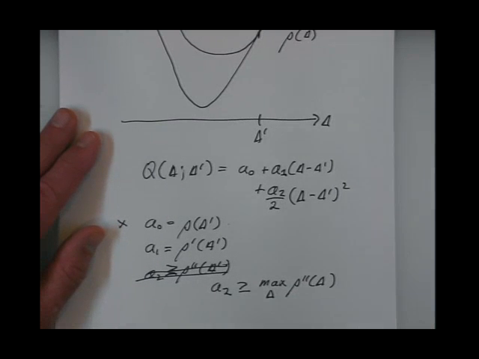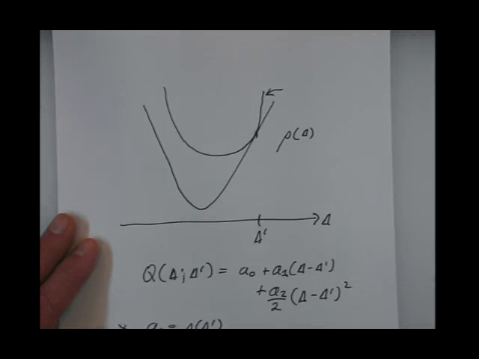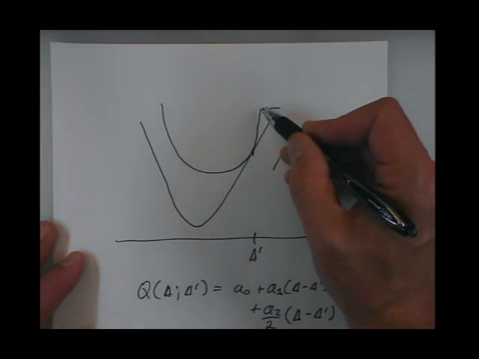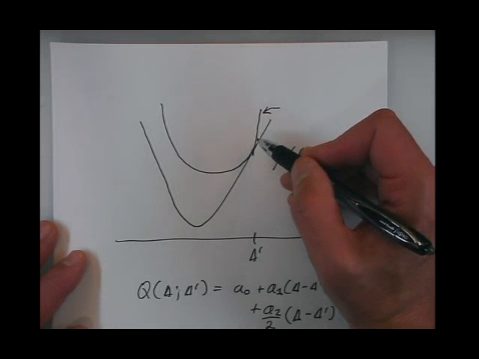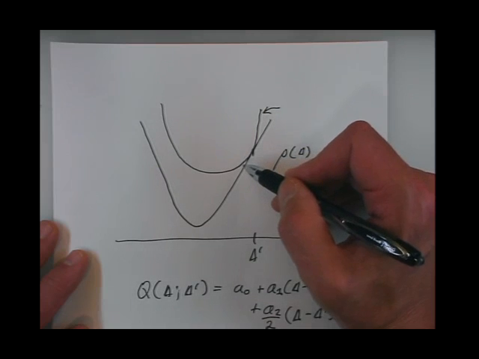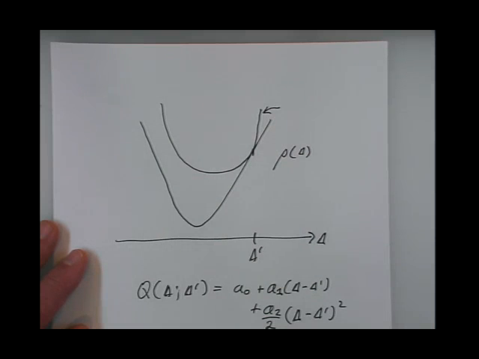In other words, if A2 is larger than the second derivative of the function at any point along the curve, then you can prove that this has to be an upper bound. It's like if you have a race car and one car is turning more sharply than the other everywhere along the road, then it's got to turn more sharply than the other car. That's a really bad analogy, but hopefully it at least wakes you up a little bit.